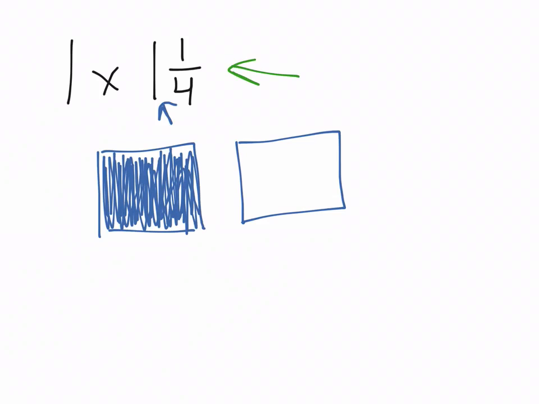Since my denominator is 4, I'm going to make 4 columns. Okay, and as you can see, I have 1, 2, 3, 4 sections on my second rectangle. And since my numerator is 1, I'm only going to shade in one of those sections.